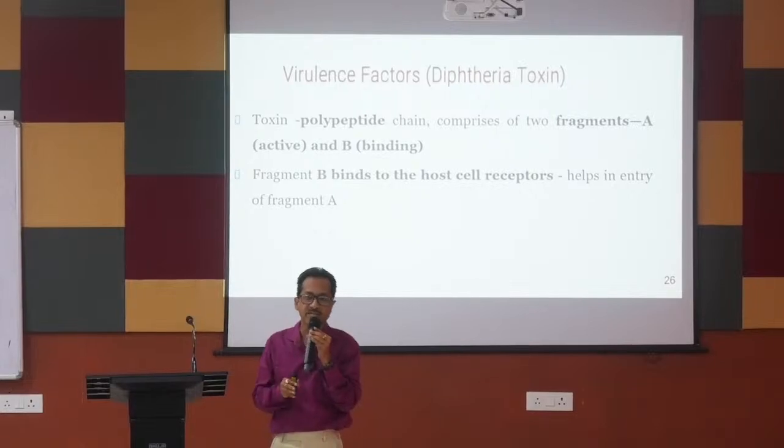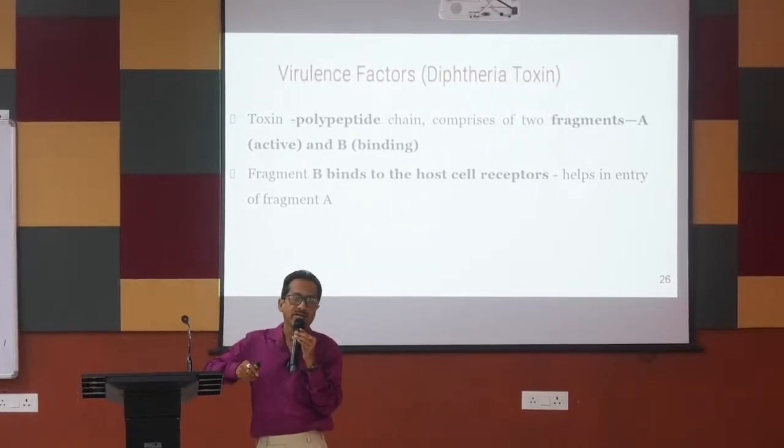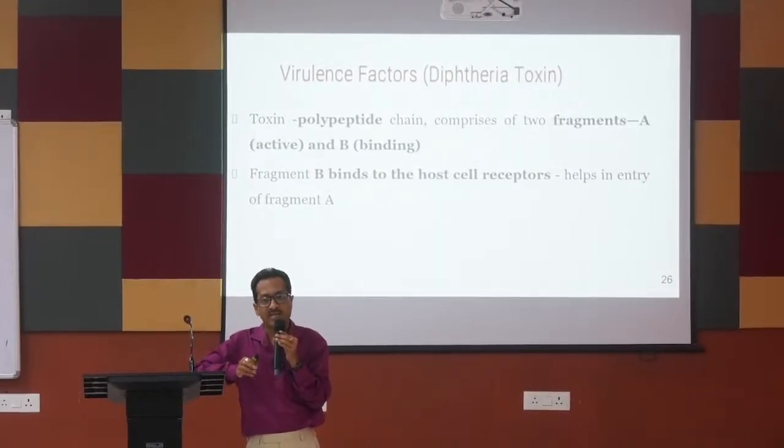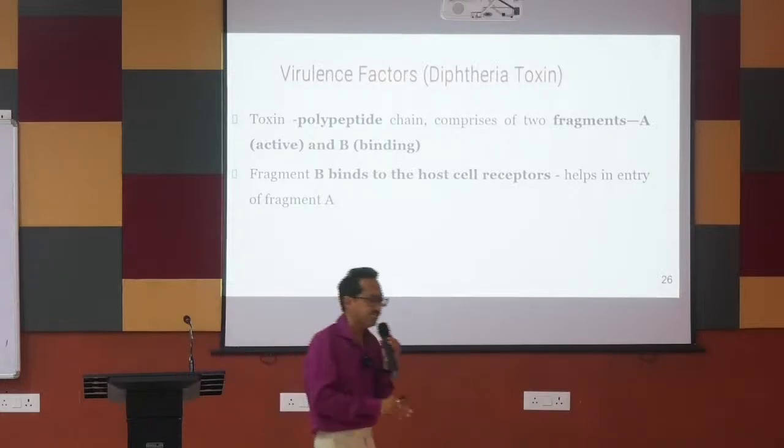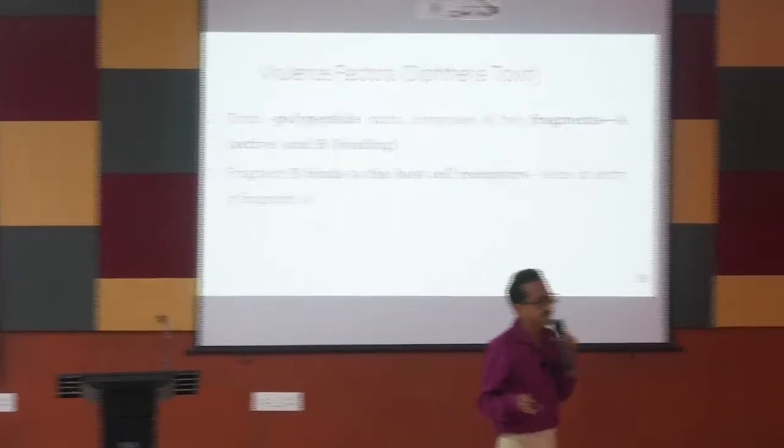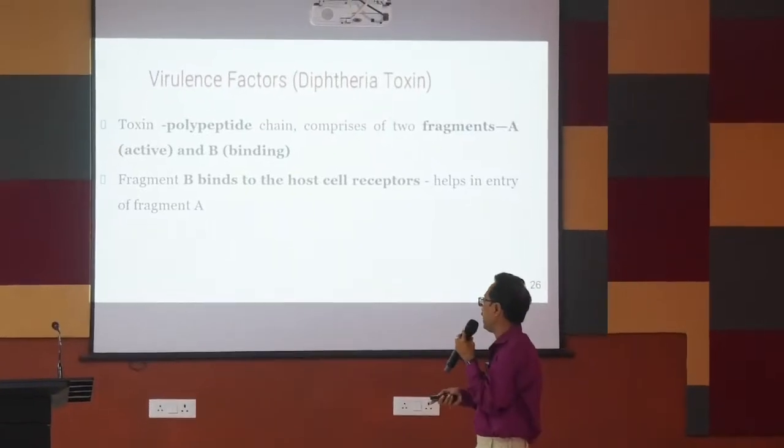Where does it bind? Epithelial growth factor is the receptor where toxin part B binds.